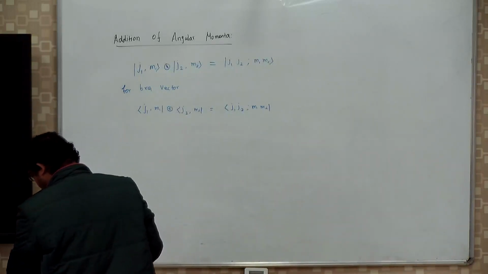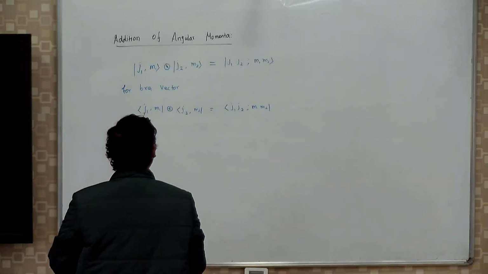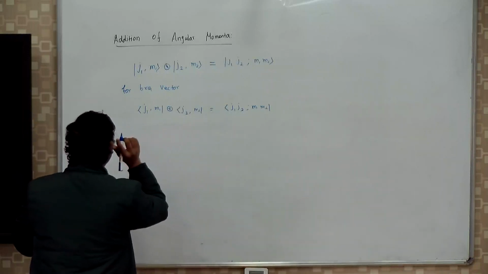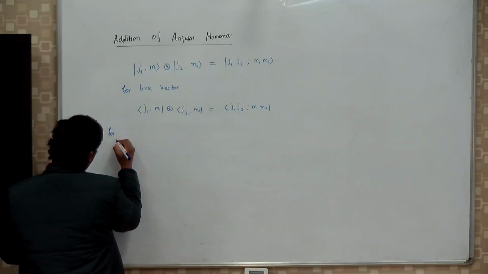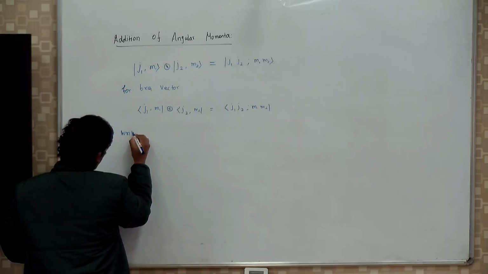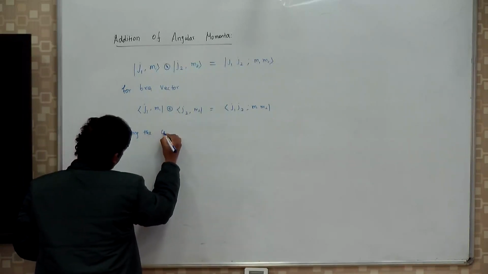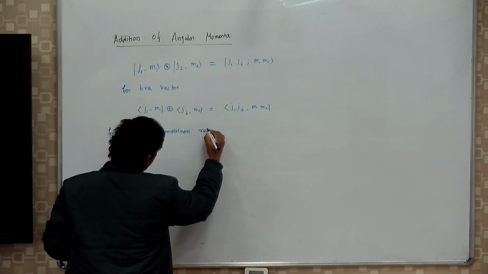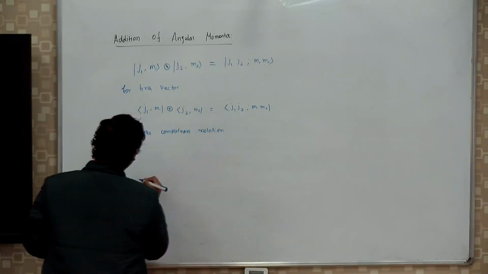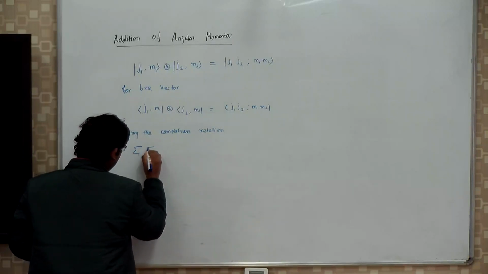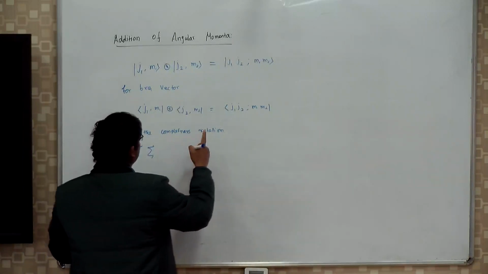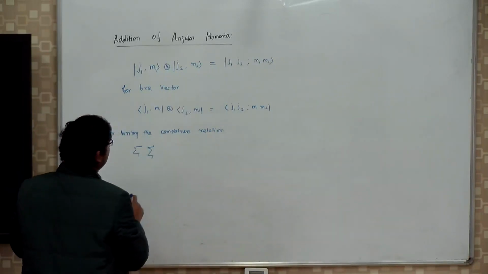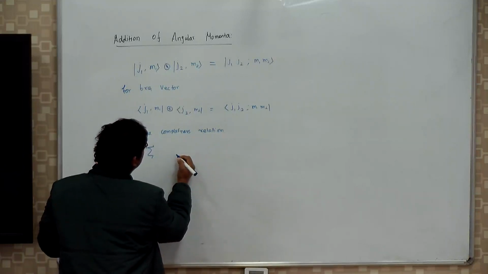Further, by using these two equations, we write the completeness relation: sum over the kets and bras. The outer product of this bra and ket vector is nothing but the completeness equation.